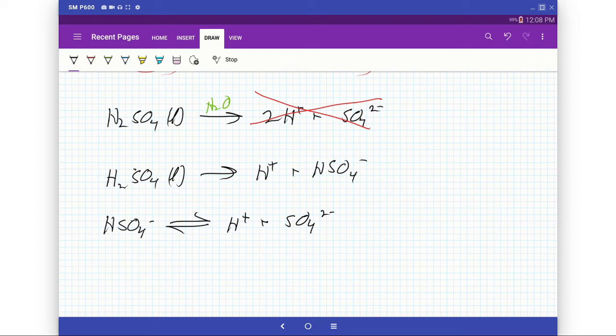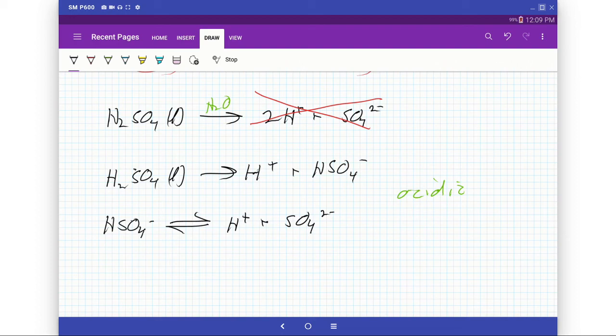Now, clearly the solution is going to be acidic, but if this were being titrated, you would titrate out all of the initial H+ first, be left with HSO4-, and then the HSO4- would react, and you'd see the second proton coming off. I accidentally deleted too much. There we go. So that is the stepwise process that one needs to consider.